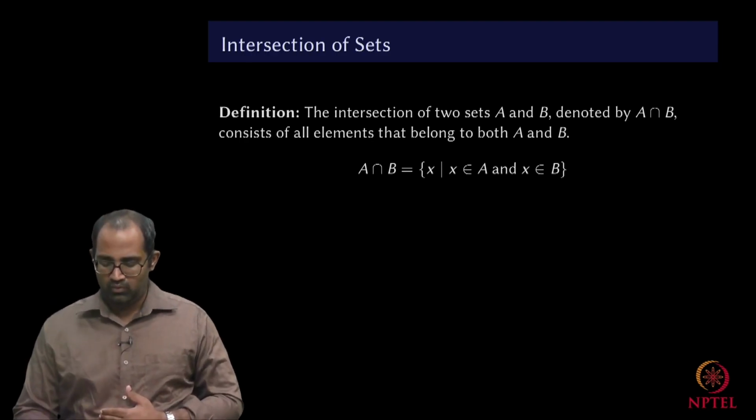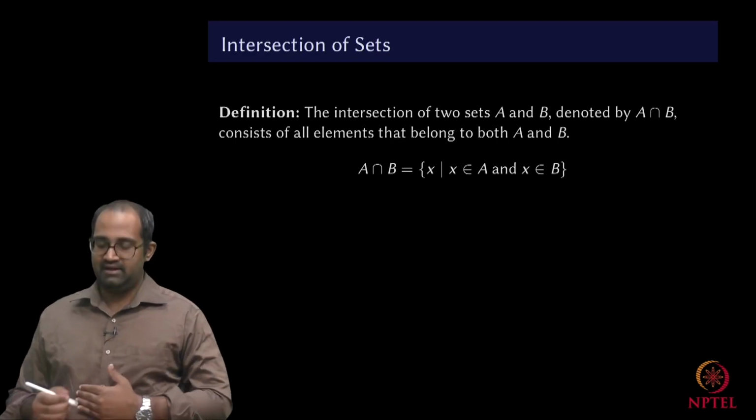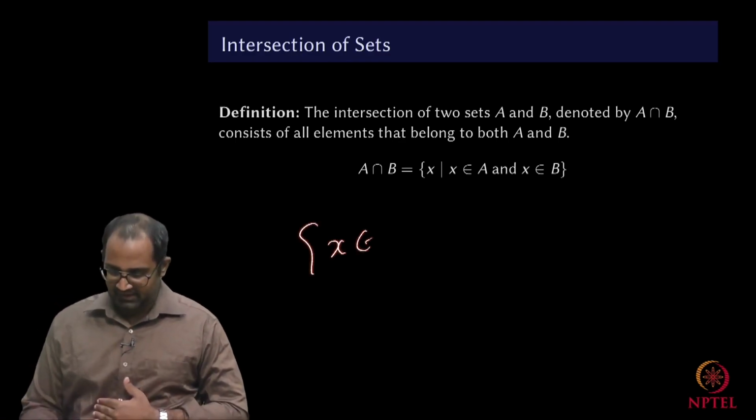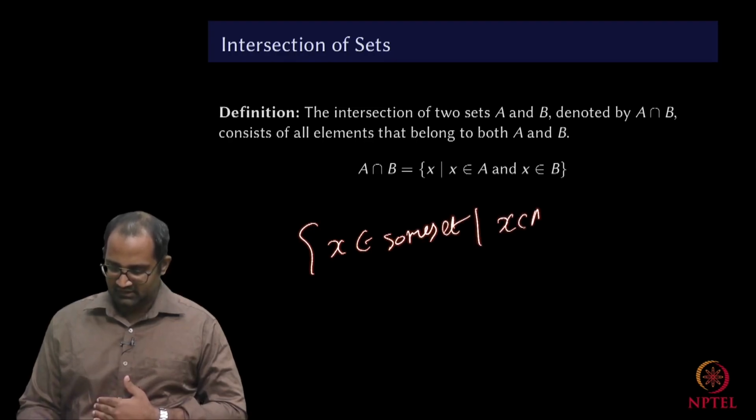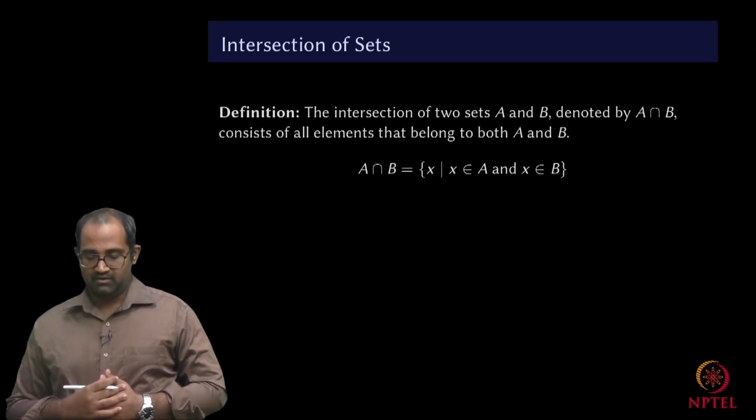Think about how you can write this properly as X in some set such that X is in A and X is in B. You can write a proper definition if you think about it.